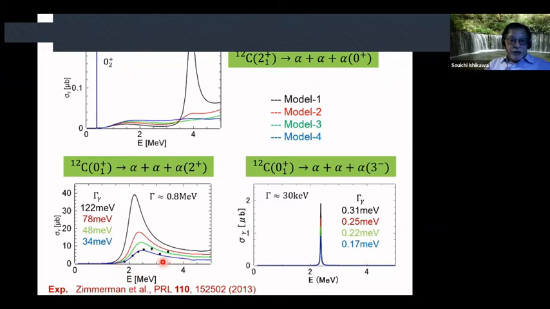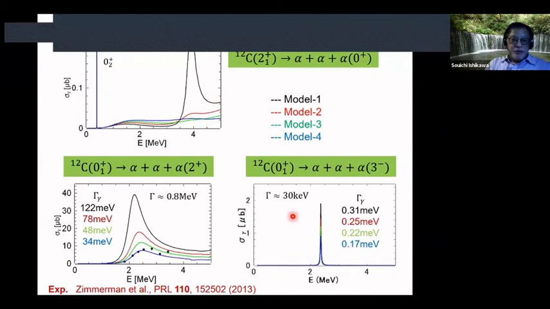In this case, model 3 or model 4 are consistent with this experimental data. And for the 3 minus state, there is a very sharp resonance, because the strength parameter is fitted to reproduce the resonance energy. So these models have the same resonance energy but slightly different gamma decay widths.